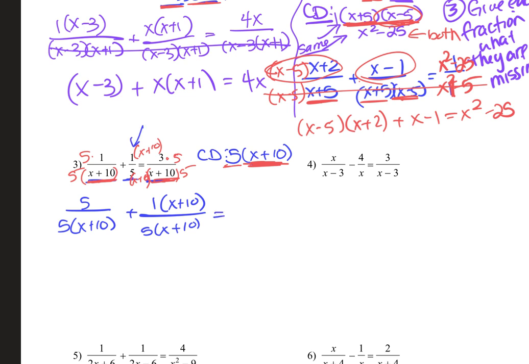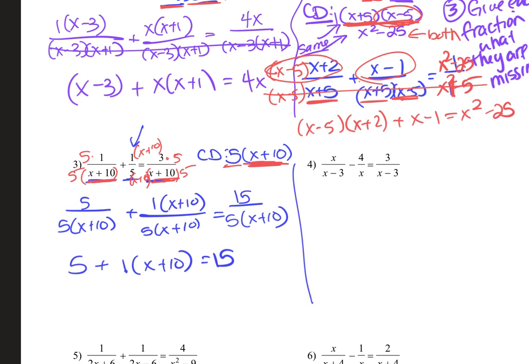And then the last one is 15, and 5 times x plus 10. So the equation is going to be this, and you're just going to solve it, and that'll help you find x.